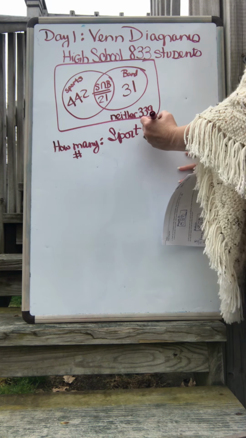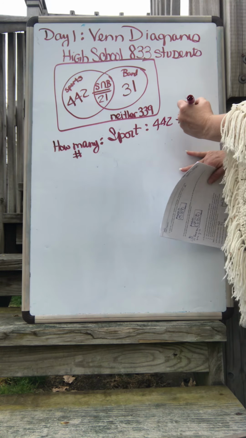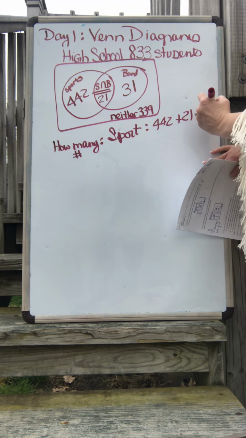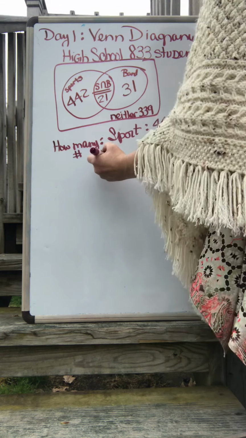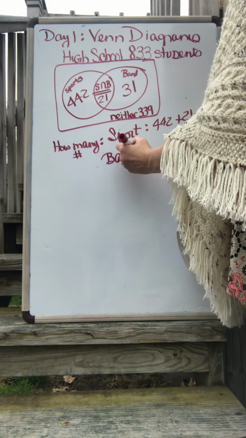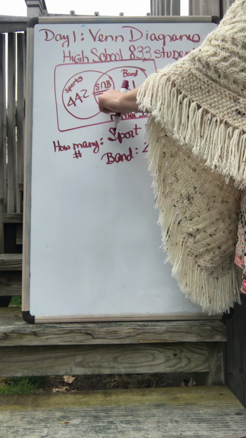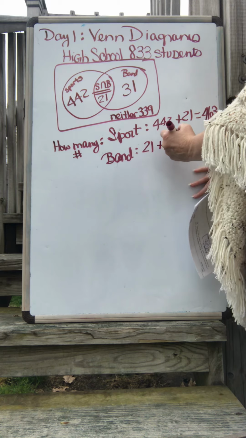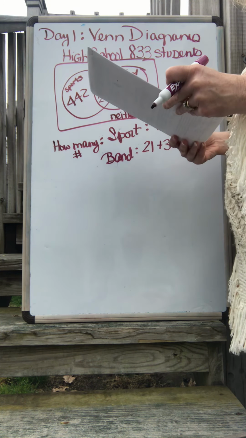That means 442 plus the 21, which gives me a total of 463. How many play in the band? Again, this is not a probability, this is simply a number. 21 play a sport and are in the band, and then 31 are just in the band, so this school has 52 students in the band.